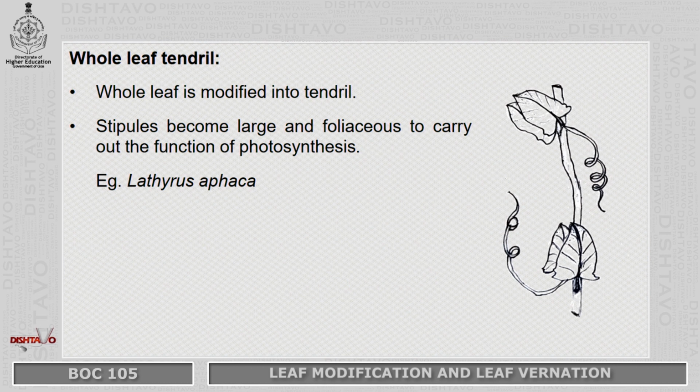When the whole leaf gets modified into a tendril, it is called a whole leaf tendril. The stipules become large and foliaceous to carry out the function of photosynthesis, and this is seen in Lathyrus aphaca, also called the wild pea.